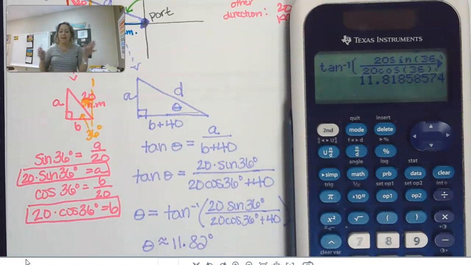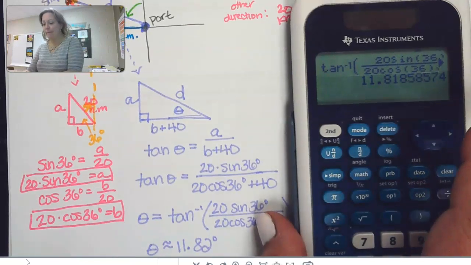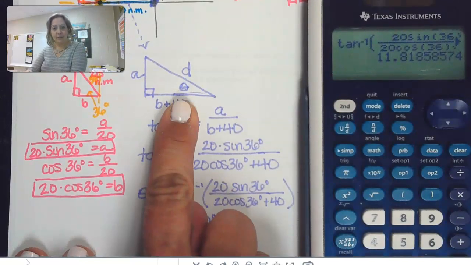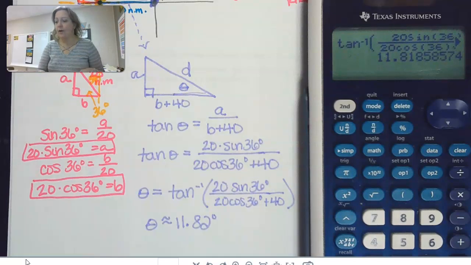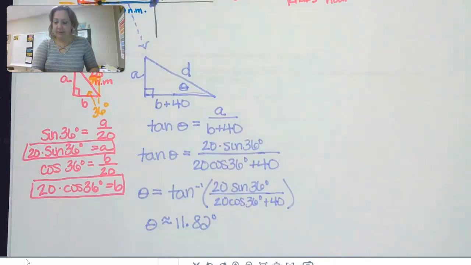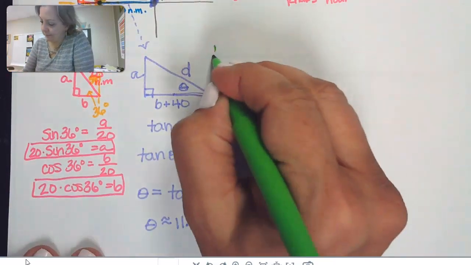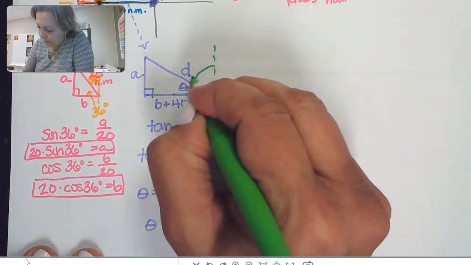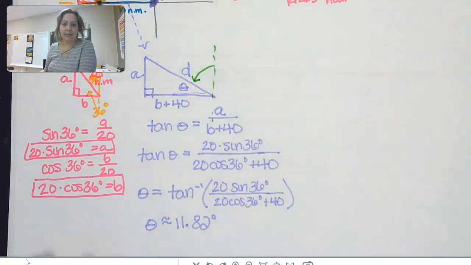And you might say, okay, that's going to be my bearing. But remember, the bearing isn't measured from the horizontal. Our bearing is measured from the vertical. So the bearing that we had talked about would be this angle that's right here.